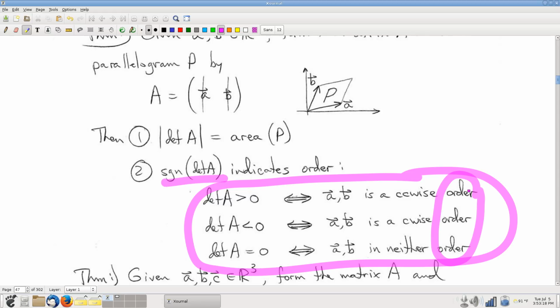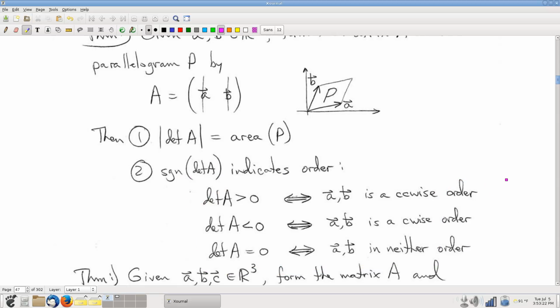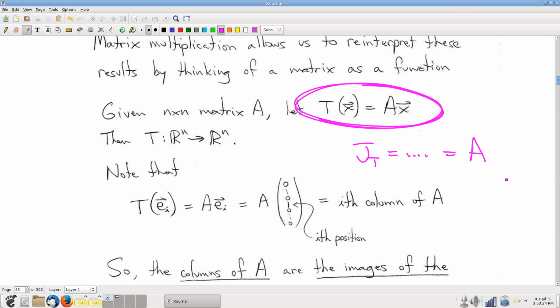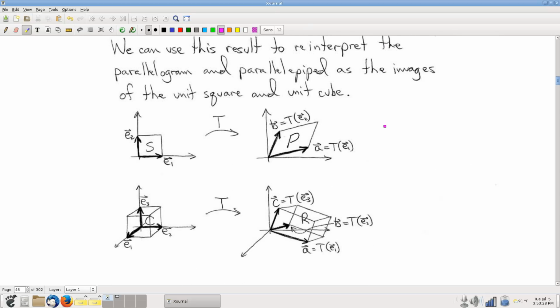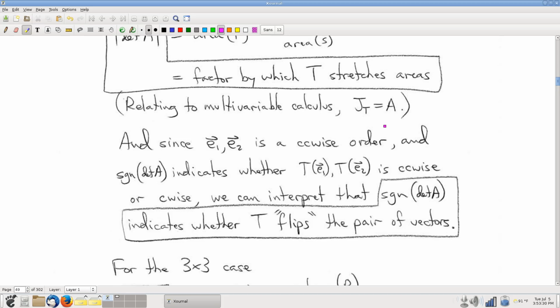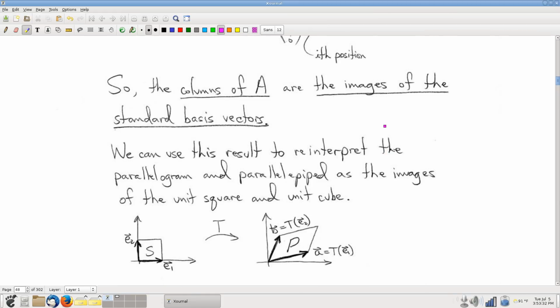Is it clockwise? Is it counterclockwise? Our new point of view, again, comes from the same observation, thinking about not just how this pair of vectors is, but how it relates to the original.